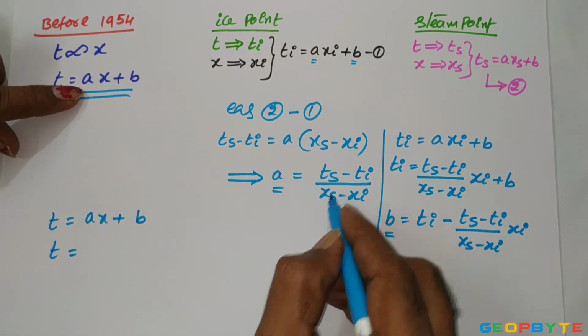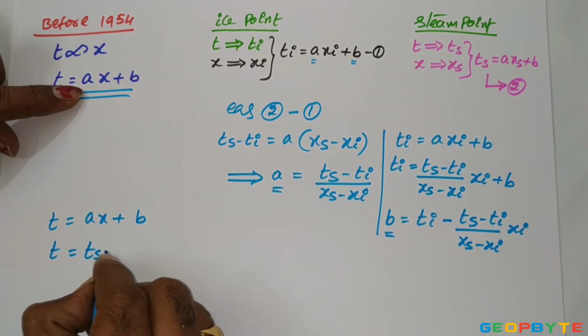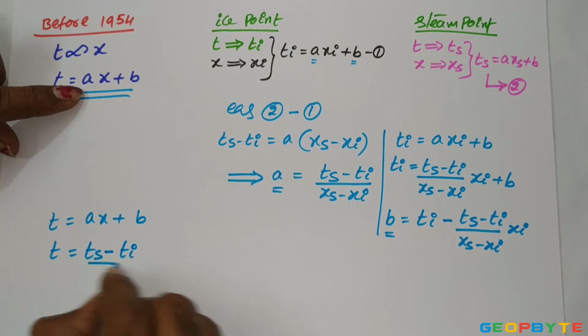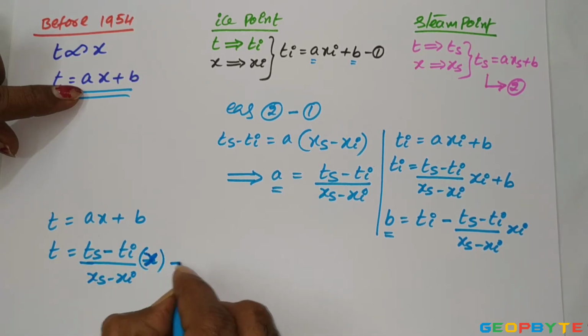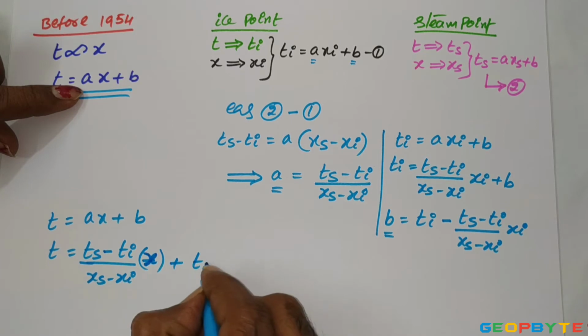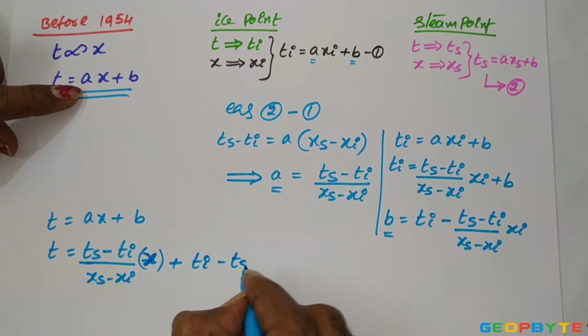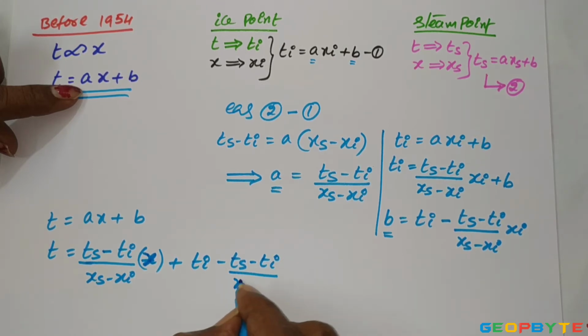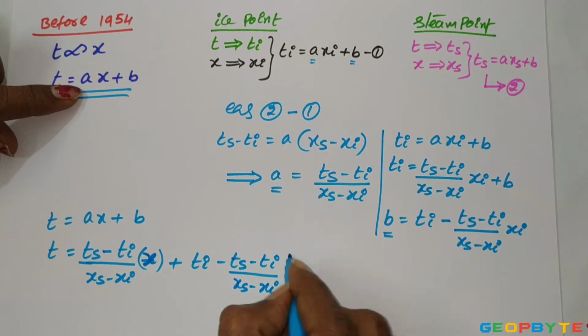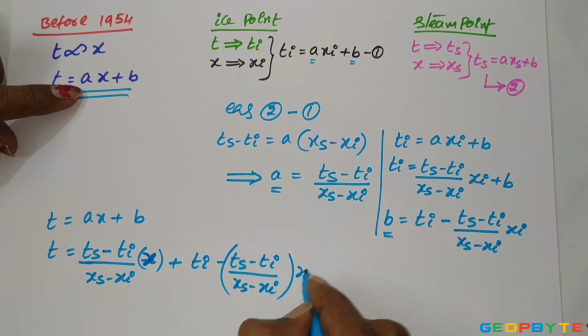T equal to A, where A equal to (Ts minus Ti) divided by (Xs minus Xi), into X, plus B, which is Ti minus (Ts minus Ti) divided by (Xs minus Xi) into Xi.